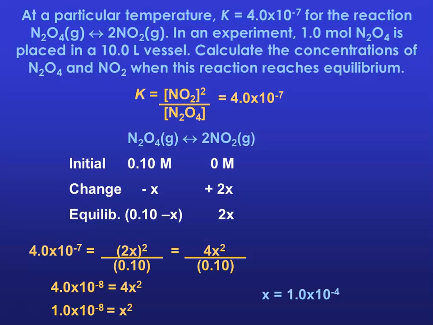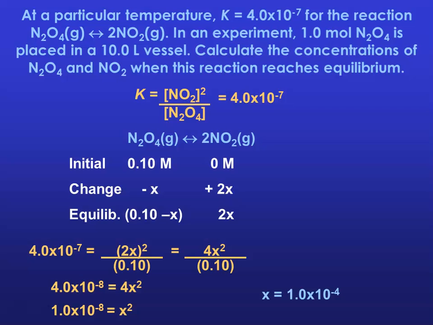Now, if that is your value of X, 0.0001 is what you're wanting to take away from 0.10. In terms of sig figs, that is not going to change the concentration of N2O4. It is, however, going to cause a slight increase in the NO2, which is what we need to have take place for us to have some reactants and some products at equilibrium.